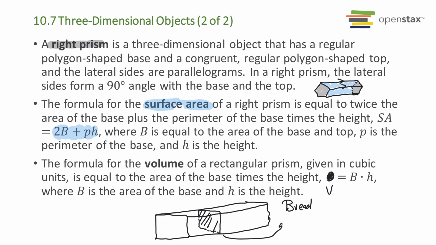So let's bring that slice of bread right here. And let's say it was so thin that in math, we could say that it's infinitely thin. So it's literally just this one slice of bread. Then the area of this little slice of bread, if this is the length and this is the height, then the area of that little slice is going to be length times height.